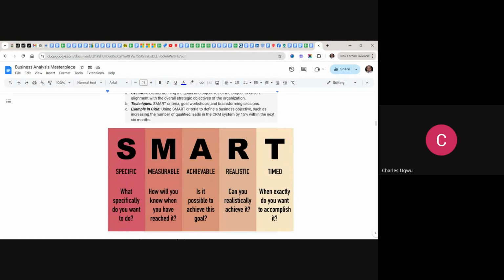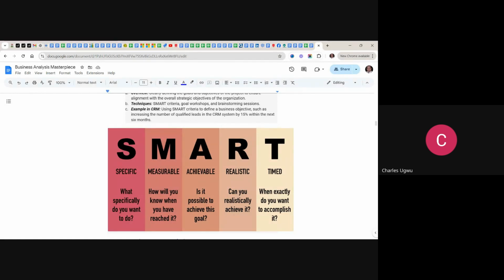Let's forget about grammar. Let's put it into practice. Let's test, is it realistic? And then timed. We know that every project is time bound. When exactly do you want to accomplish this objective? So these are the SMART method of defining objectives.